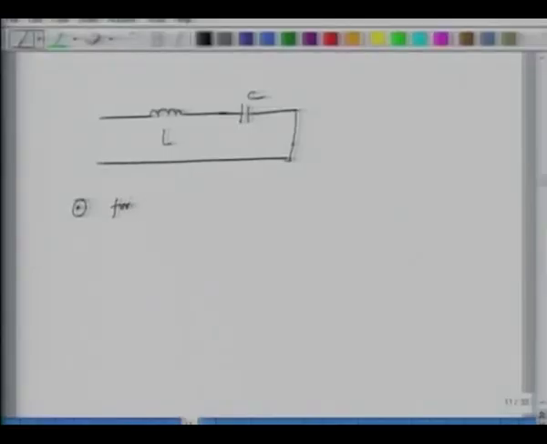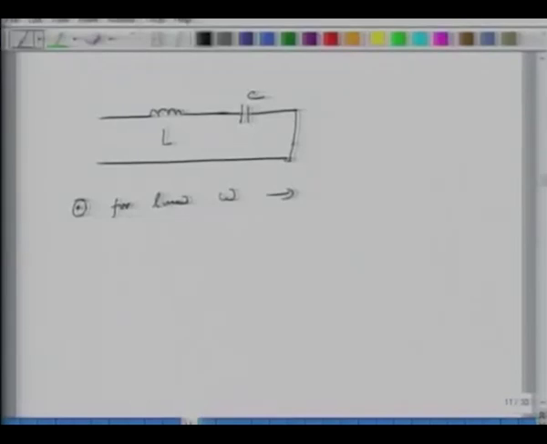For low values of omega, it will behave purely as an open circuit, and the capacitive part will dominate for low frequency. For extremely low values, it will go towards an open circuit, but the capacitive part will dominate.